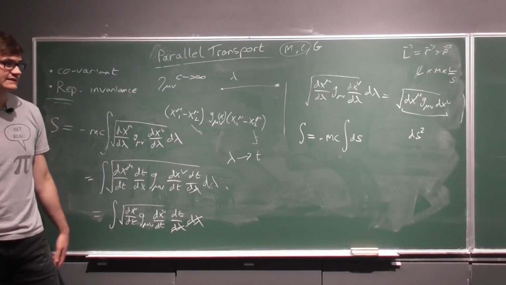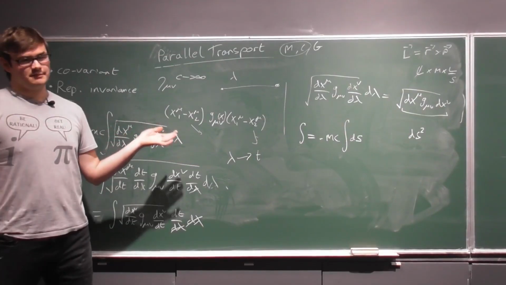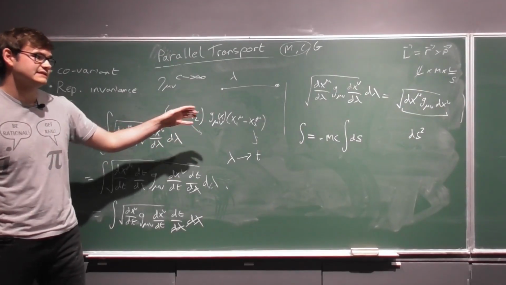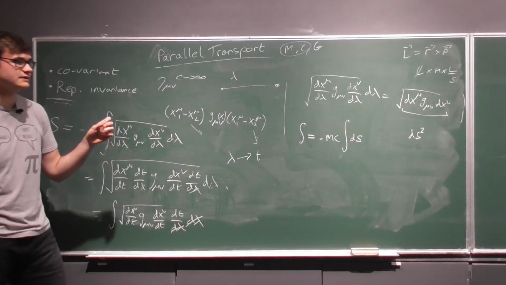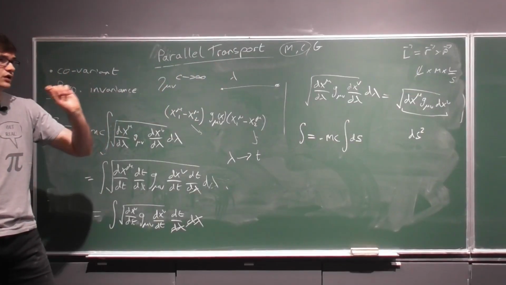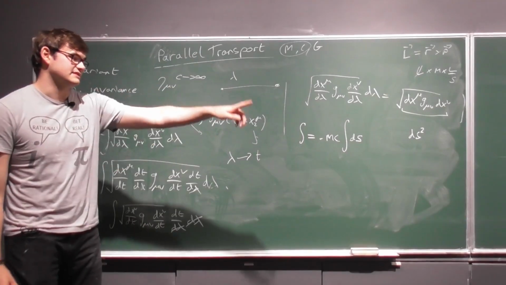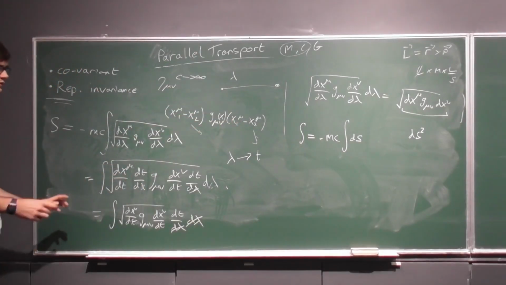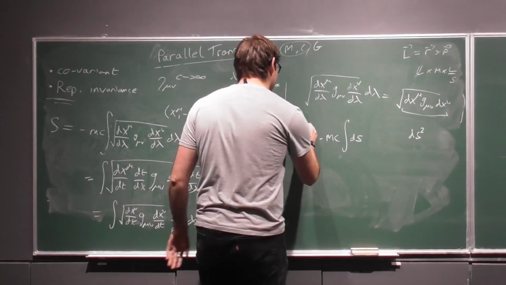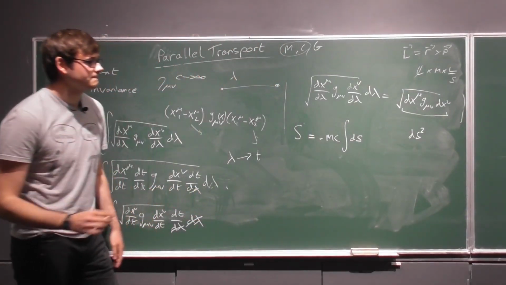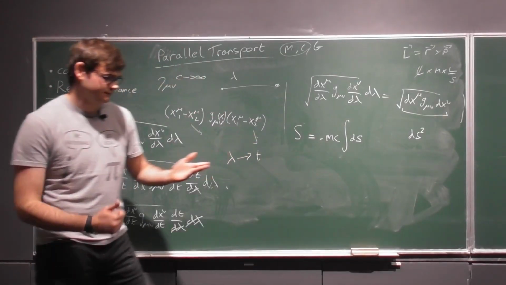So our action is extremizing distance, or space-like distance in the case of two points that are spatially separated. Or if two events are time-like separated, meaning you can get from one event to the other without going past the speed of light, then those trajectories extremize the proper time along that trajectory.